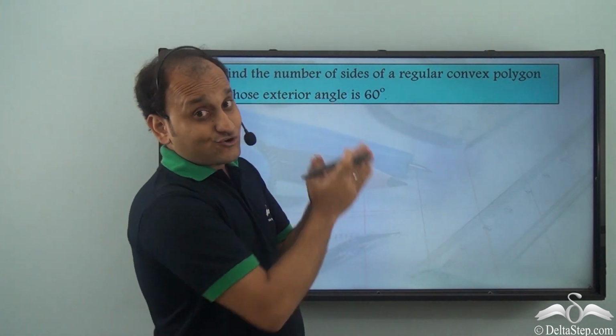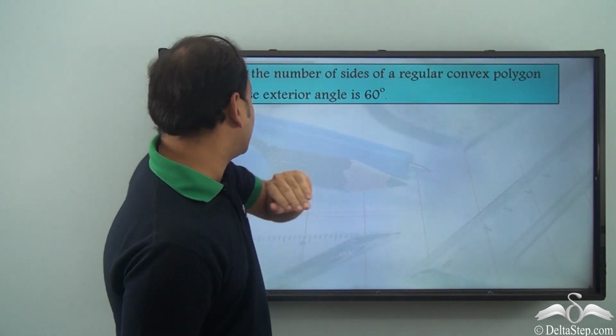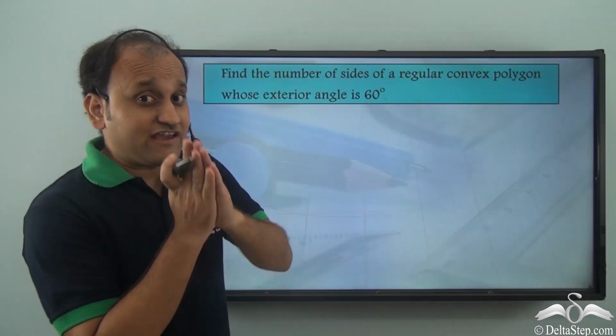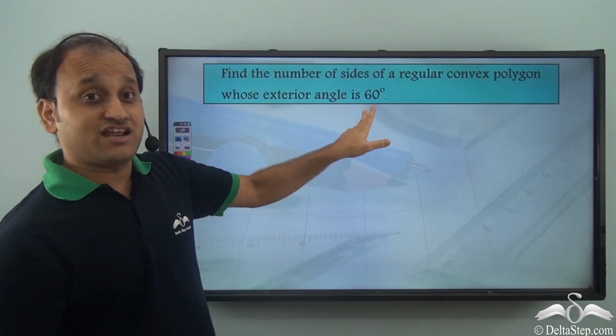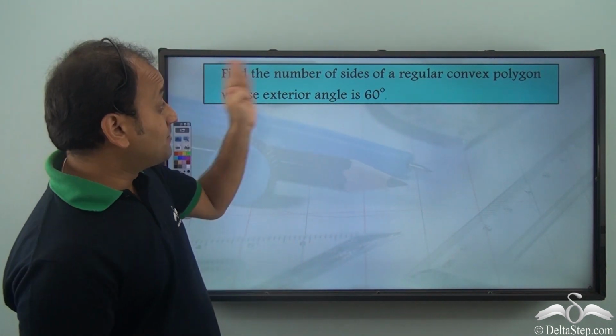Now can you answer this question? Find the number of sides of a regular convex polygon whose exterior angle is 60 degrees. Here we have been given the value of the exterior angle only, that is 60 degrees, and we need to find the number of sides.